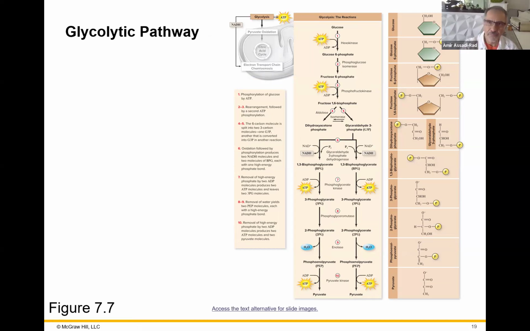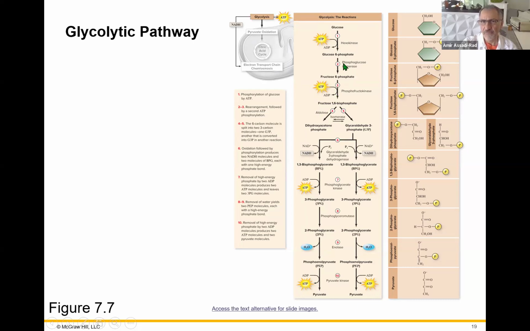You remember I said from breakdown of glucose molecule to 2 molecules of pyruvate, there are 10 steps, and he numbered them for you. Step number 1, glucose becomes glucose 6-phosphate. ATP becomes ADP. There is an enzyme involved here, hexokinase.